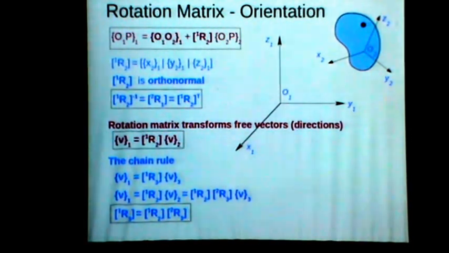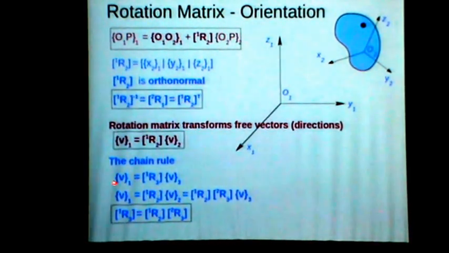So now we can use these two entities to represent the position and orientation, or rather the pose, of a rigid body. Now you can also see that this free vector multiplication follows the chain rule. From the free vector multiplication we can show that the chain rule holds.